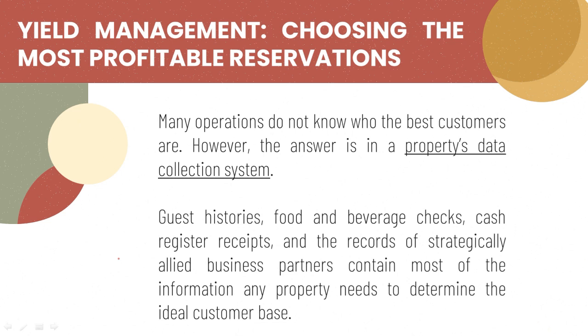So syempre, mas madali natin matatrack if si guest is a loyal guest, kung siya is madalas mag-check-in sa hotel kasi makikita natin yon sa guest history. So in that case, kapag meron tayong information ni guest, mas madali natin silang makontak, mas madali natin silang masasenda ng mga promotional techniques or methods ng isang hotel.